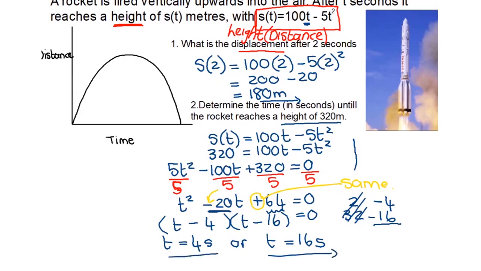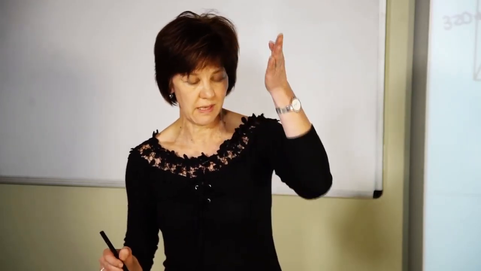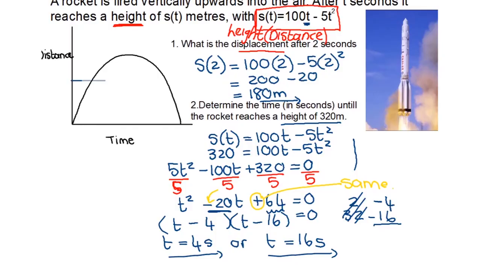So if I go to my graph, let's say 320 meters is there. If a height of 320 meters is here on my graph. Remember, this graph that I have is representing the distance formula. It's not the rocket as it's traveling up in the air. It goes up vertically up into the air. But the distance formula is given here, graphically represented.